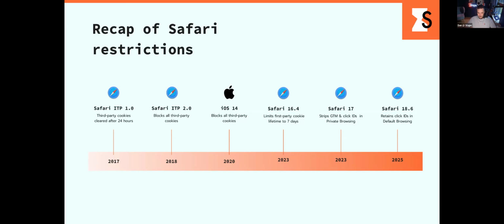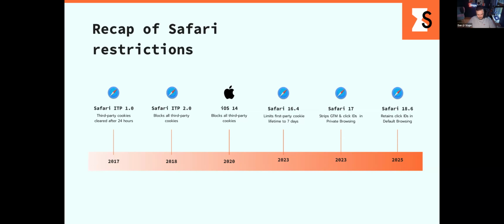Then, a couple of months ago, this fear-mongering started. Safari in the beta, in the technology preview in normal mode, and in beta in private mode, started to remove known click IDs from the URLs, which raised panic globally, and solutions and discussions started popping up.